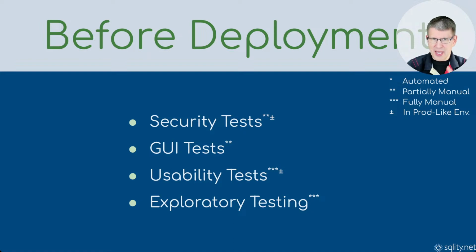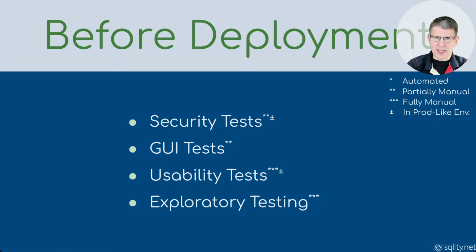And I place this as before deployment. There's certainly some part of that that needs to happen after deployment, where you can set up, for example, a bug bounty program to get external security researchers to do security tests for you. But security is still your responsibility. So some of those security tests, automated as well as manual, should happen before you deploy to production.